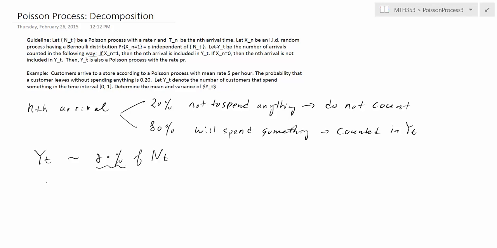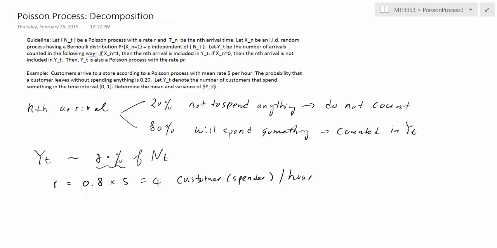So if you want to find the rate here, the lambda, or here r, it's going to be 0.8 times 5, and that's going to be 4. Of course, we can intuitively get that this is the rate of arrivals of customers who will spend something, so the number of spenders per hour.